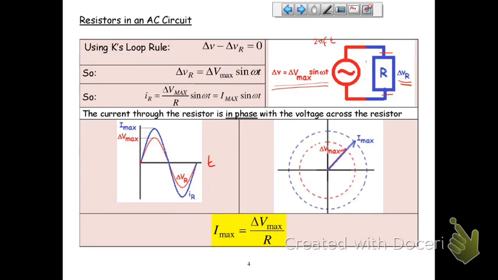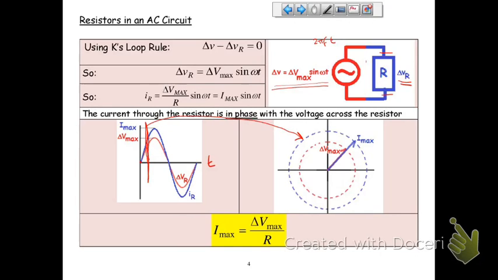I prefer to pick a point in time, so I'm going to pick a point like that, and I'm going to represent that over here. What I have is a phasor diagram, with a little red dotted circle and a blue dotted circle. The red dotted circle is the extreme point for my phasor for voltage, and the blue dotted circle is the extreme point for my phasor for current.